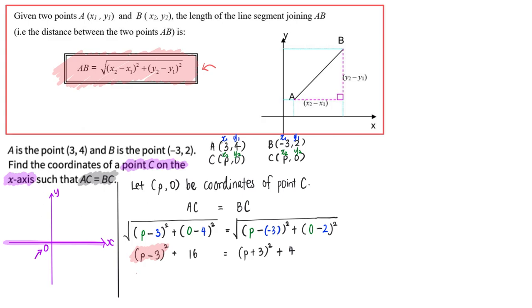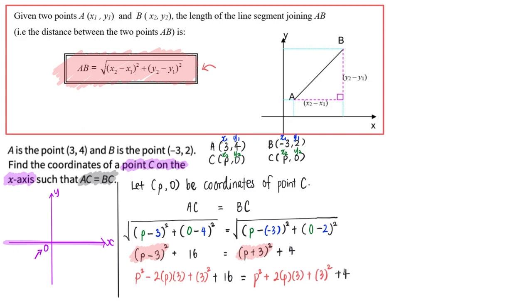So this one will give me P square minus 2 times P times 3 plus 3 square. If I make use of the special algebraic product, I apply the same algebraic product for this, I would have P square plus 2 times P times 3 plus 3 square. I have my plus 4 there.